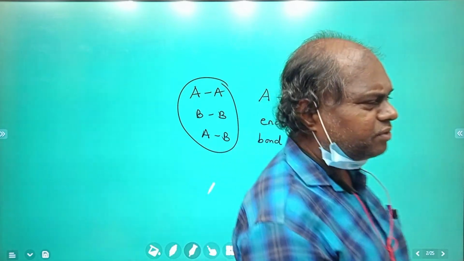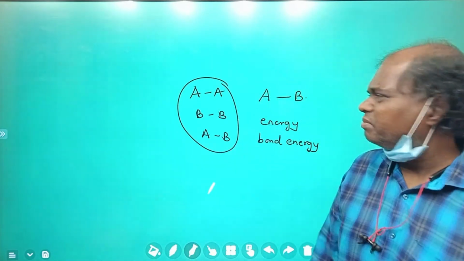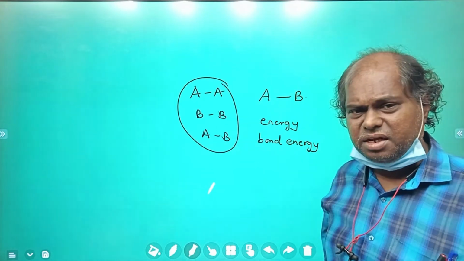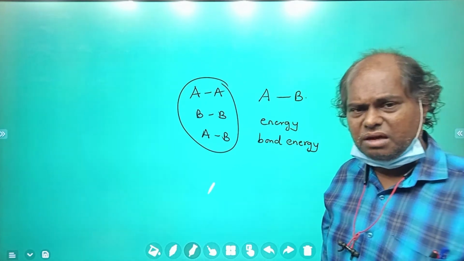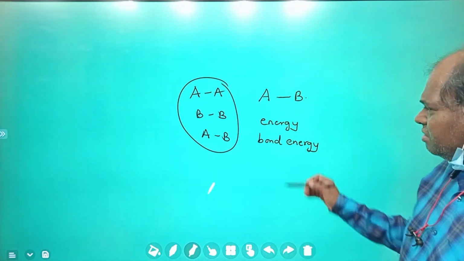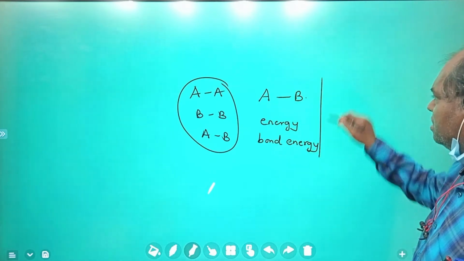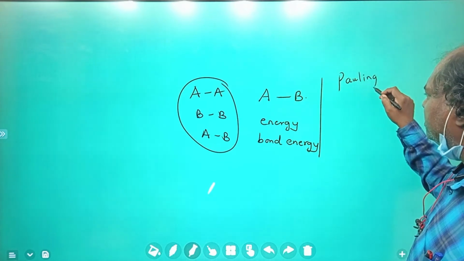Okay. There is a formula for that, but don't worry, students, that formula and all is not there for your syllabus. So don't break your head. Just remember that you can calculate if you know all the bond energies, right? So you can do a simple calculation, right? There are various scientists who have done calculation, right? Pauling. So there is something called Pauling scale of electronegativity, right?